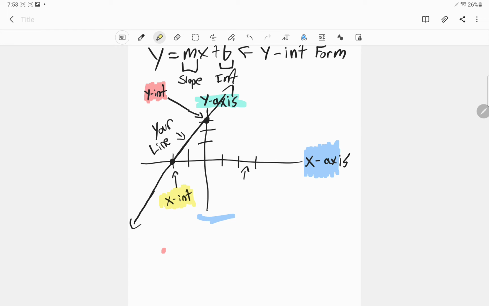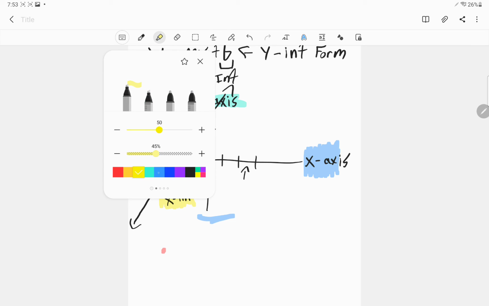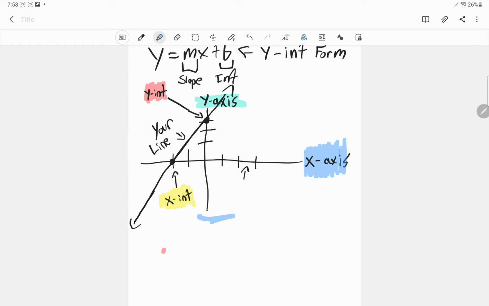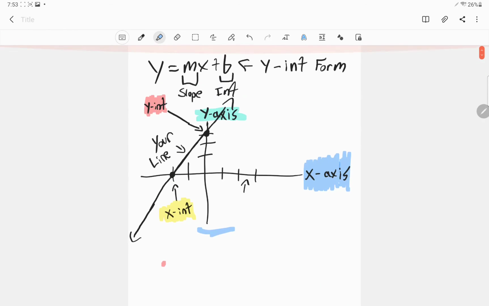You see your y-intercept, your y-axis, your x-axis, and your x-intercept. That's basically all you really have to know for the entire assignment. So make sure you keep that in mind.